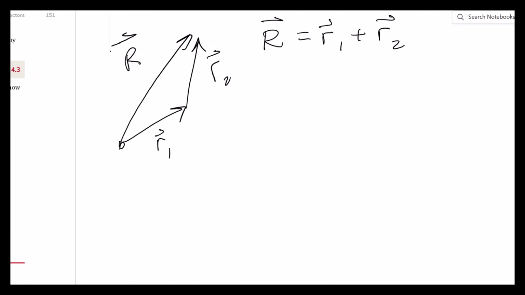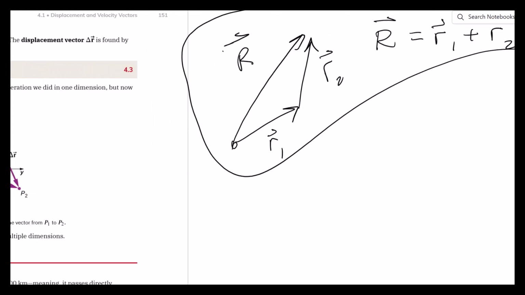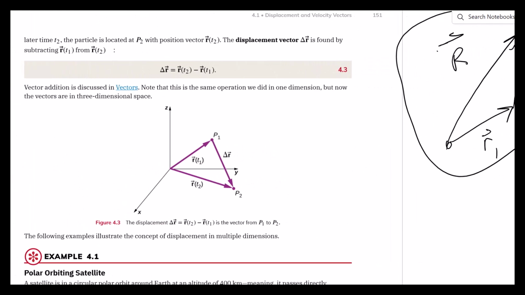So I don't want you memorizing these equations, okay? In the previous section, we were doing resultants, where this goes this way, that is the resultant. What this equation is talking about is the displacement vector: if I saw it here and then I saw it here, where is it going?